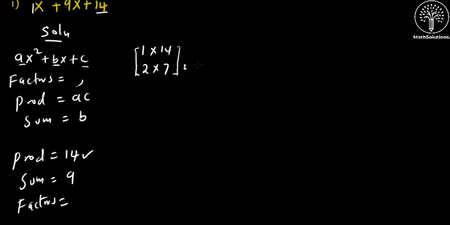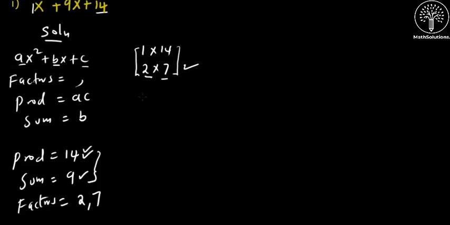So of the 4 factors, which pair satisfy the condition above? We have 2 and 7 giving a product of 14 and a sum of 9, and therefore we pick the factors as 2 and 7.